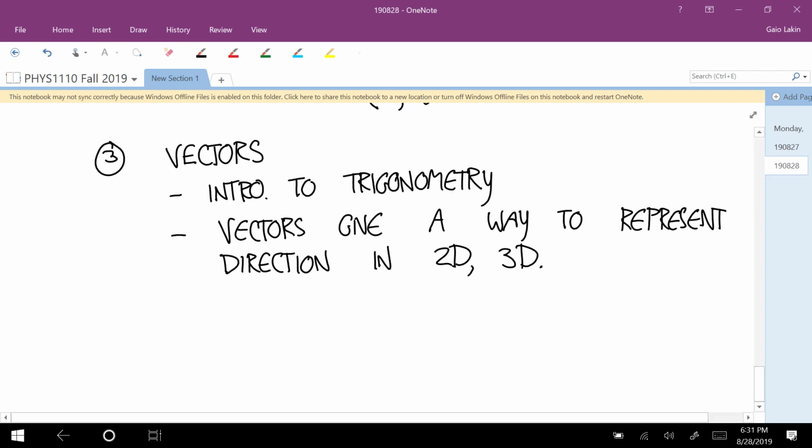And to visualize a vector, you can think of it as just an arrow. And this arrow has two properties. It has a length and it points in a direction.